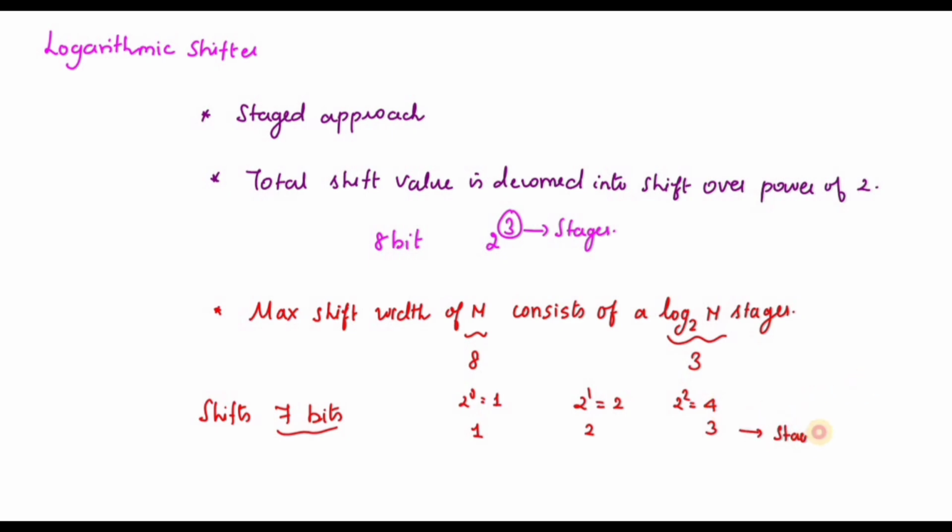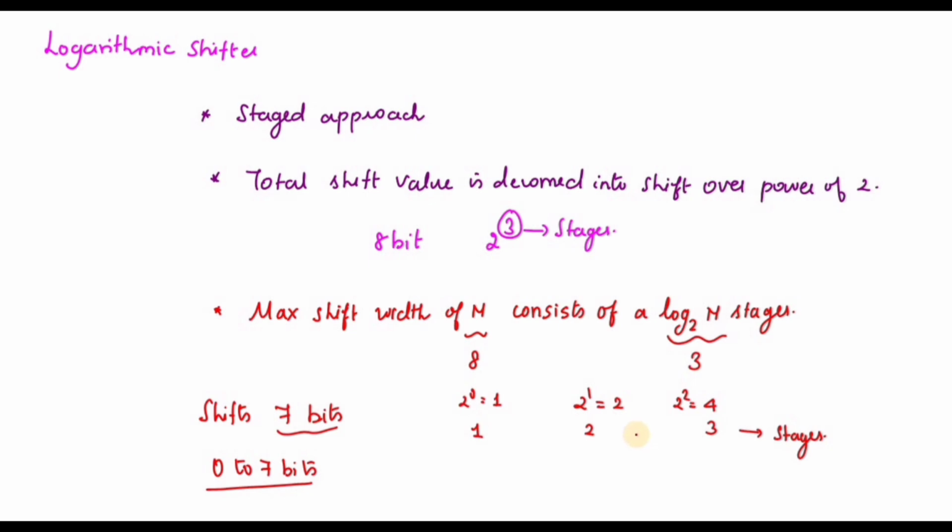And this represents the power values, 2 power 0, 2 power 1, and 2 power 2. You can shift the values from 0 to 7 bits using these stages.